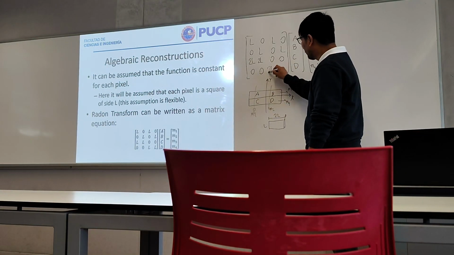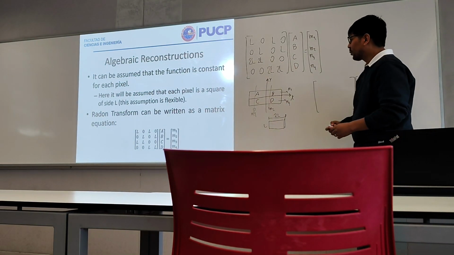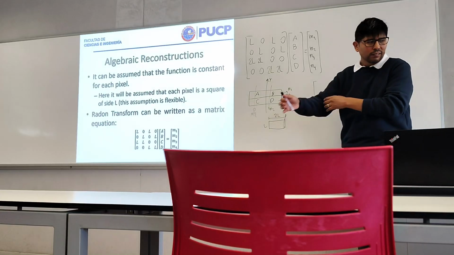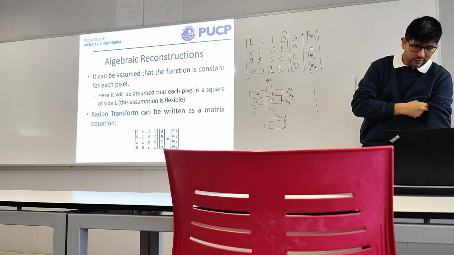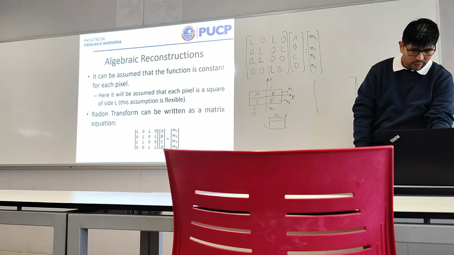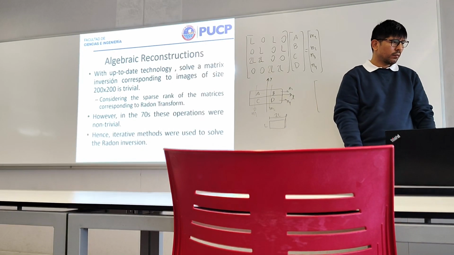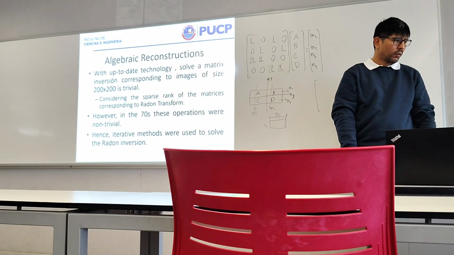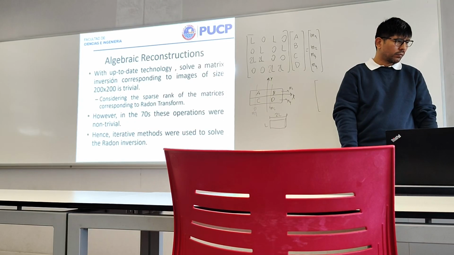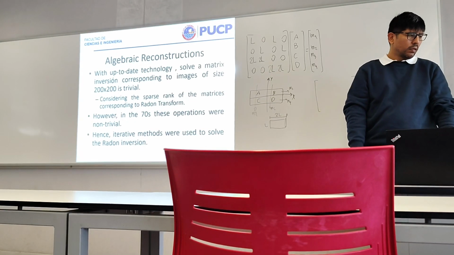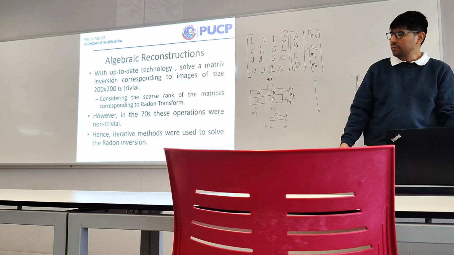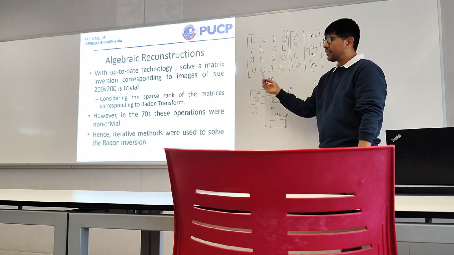C and D in the field, 2L, 2L. So you can construct your matrix in this way. In this kind of matrix.